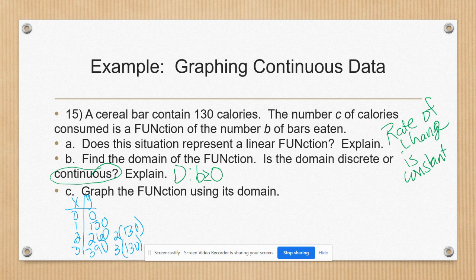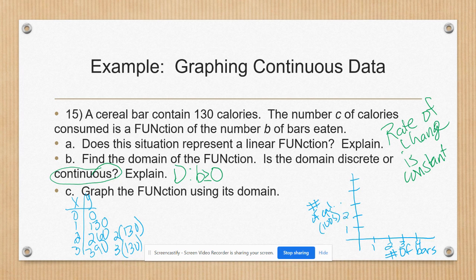So going with those values, number of bars, 1, 2, 3. This will be number of calories going by 100s.